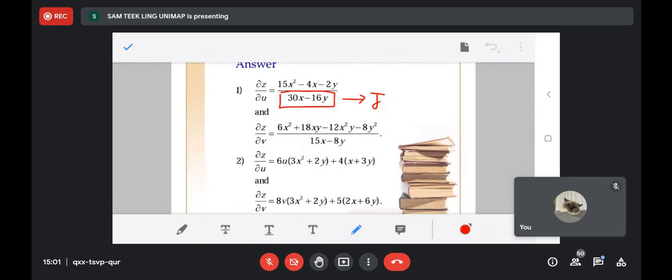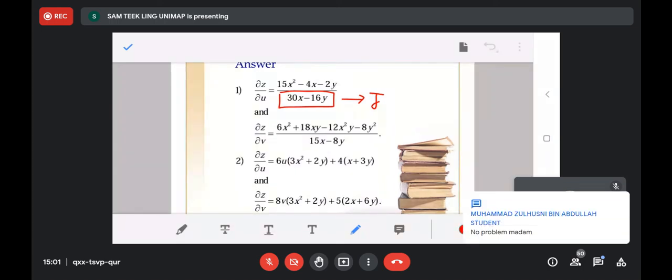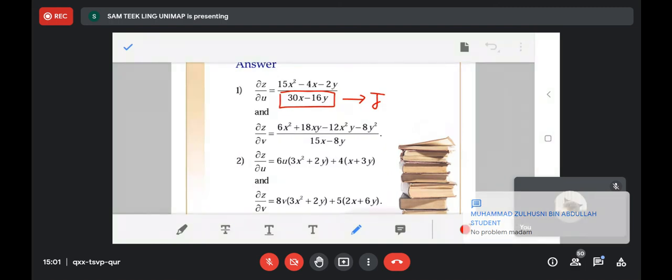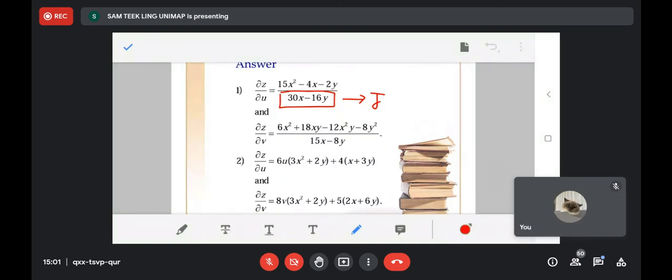So, okay, got any problem or not? Did you find the answer for question 1? So question 2, you can do it yourself as an exercise.